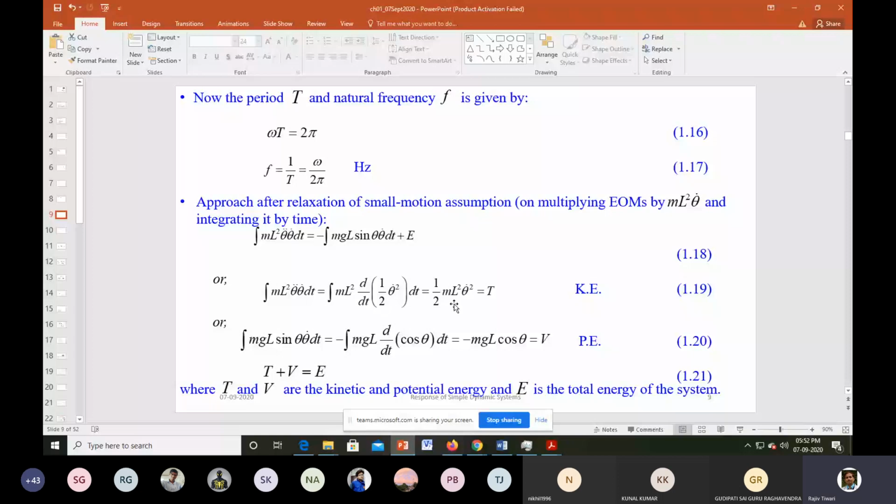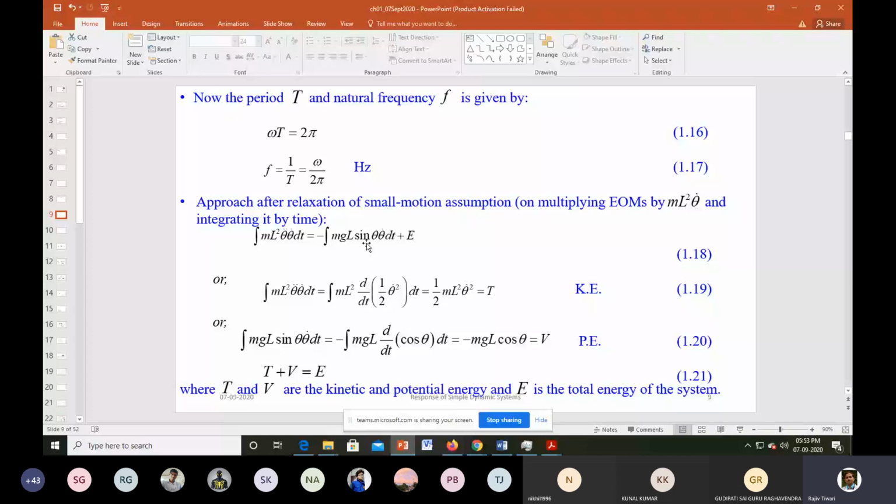Half ml square theta dot square. This is the polar moment of inertia of the pendulum, and this is the angular velocity squared. So this is nothing but the kinetic energy of the pendulum. Second term: I'm keeping sine theta as it is, not simplified in this case.